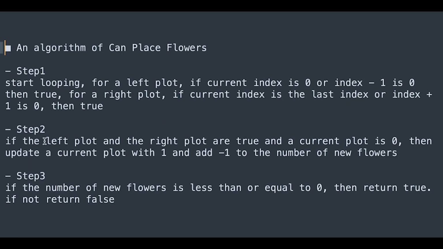Step 2, if the left plot and the right plot are true and the current plot is 0, then update the current plot with 1 and subtract 1 from the number of new flowers. Step 3, if the number of new flowers is less than or equal to 0, then return true. If not, return false. Yeah, that's it.